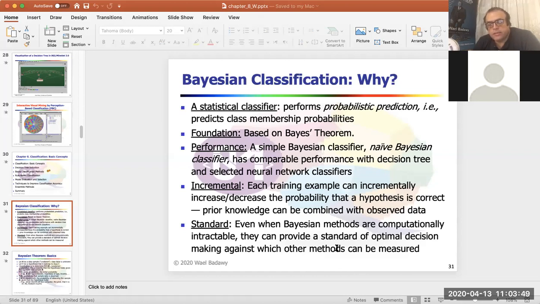You have statistical classifiers or rule-based classifiers. Rule-based, like the tree, is based on which attribute or which ages.